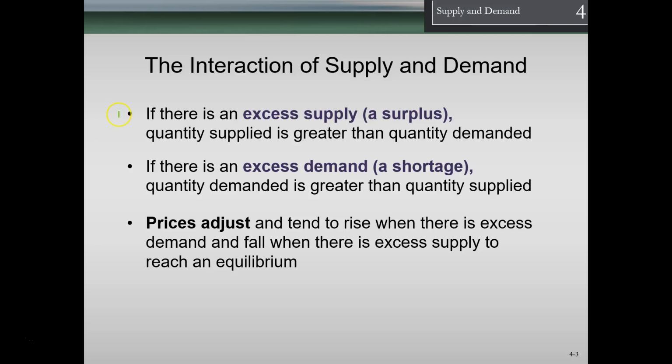So if we think about this, we're going to say, okay, there's an excess supply. If we think about that in our donut shop, we happen to notice that at the end of the day, we have more donuts than we are selling. We have an excess of supply. Well, what are we going to do in that case? We're probably going to lower the price of our donuts.